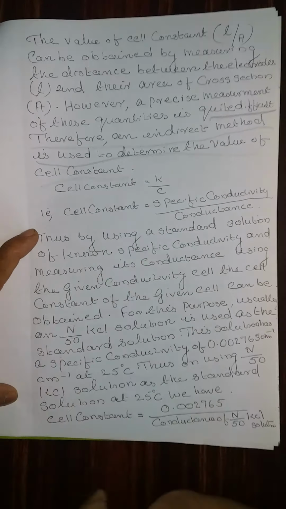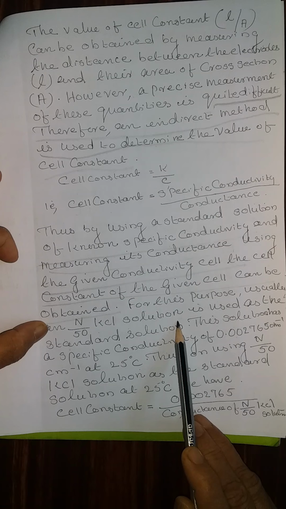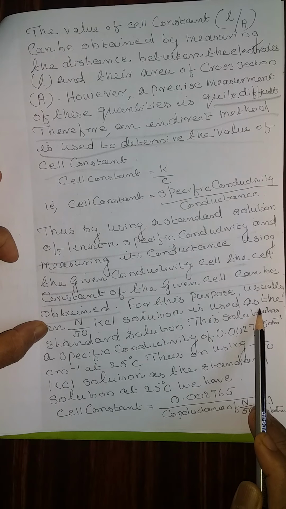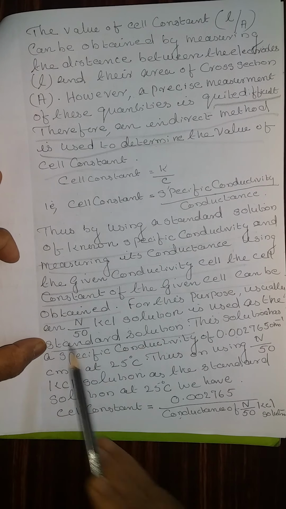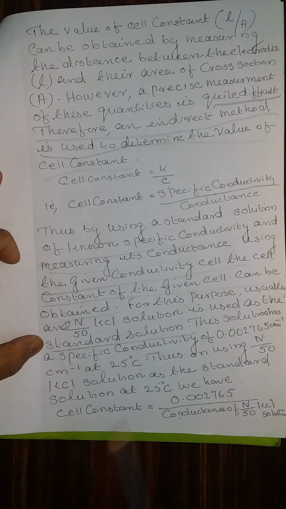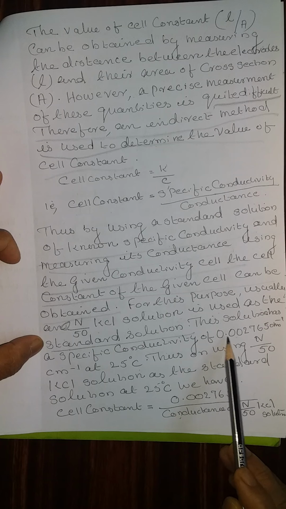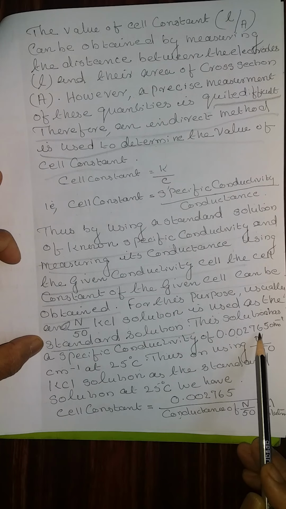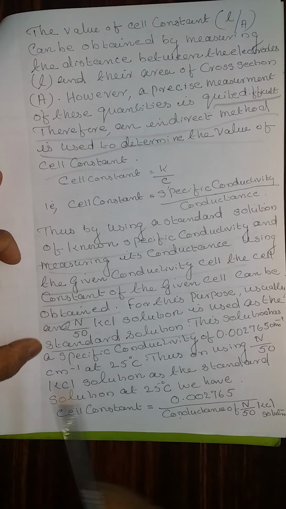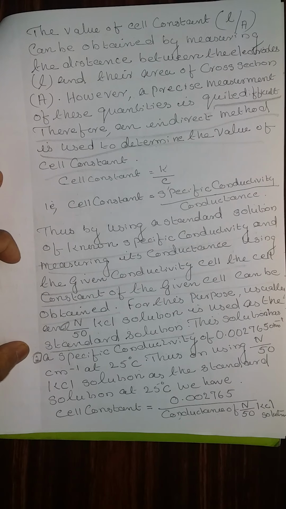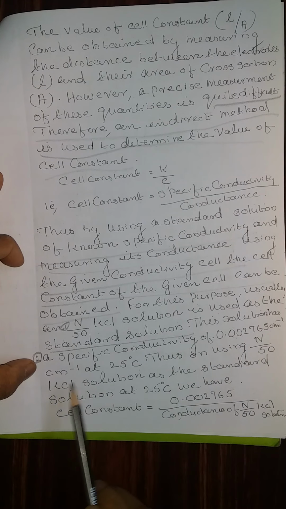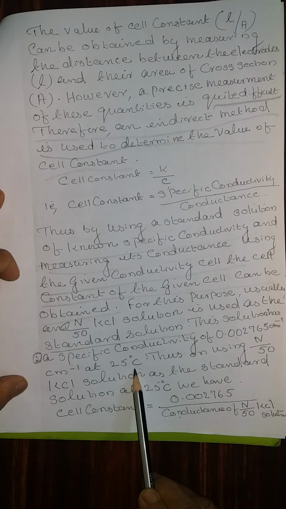For this purpose, usually an N by 50 KCl solution, a potassium chloride solution, is used as a standard solution. Point number 1: this solution has a specific conductivity of 0.002765 per ohm per centimeter at 25 degrees centigrade.